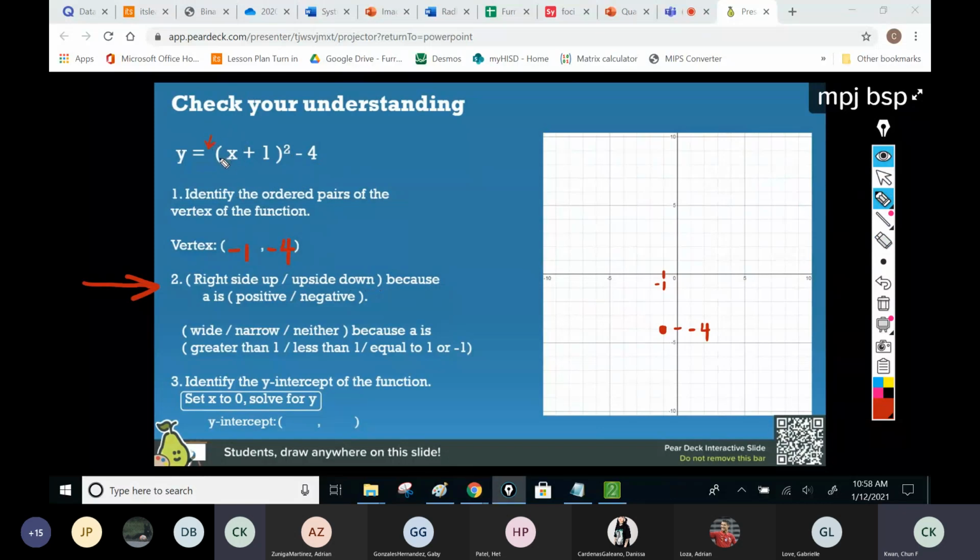This number tells you if the graph is right side up or upside down. And if you don't see a number, it's going to be a positive 1. So now you're going to have to look back at the little number line that I drew earlier.